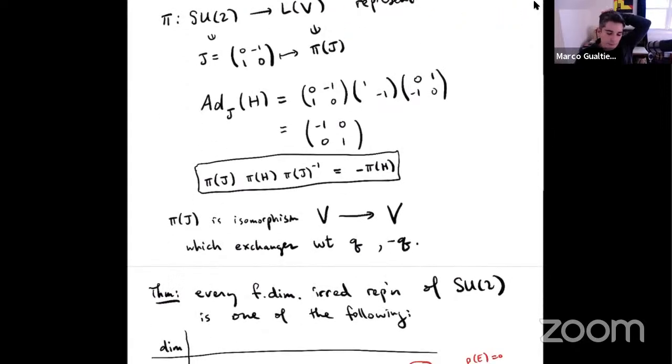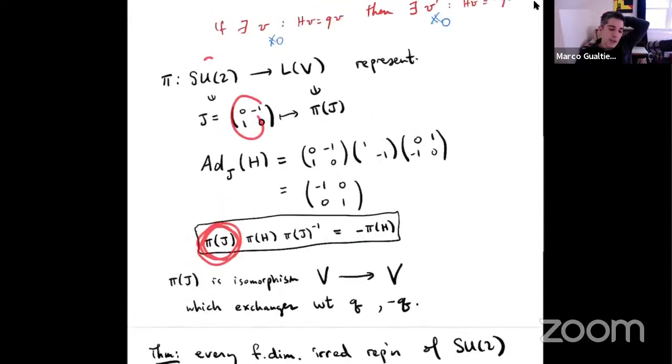And so that means that if I have a representation and look at the image of this special element of the group in the representation, then when I conjugate, I'm going to get -pi of H. This pi of H is basically how H acts on the representation, so it will contain all the weights along the diagonal.